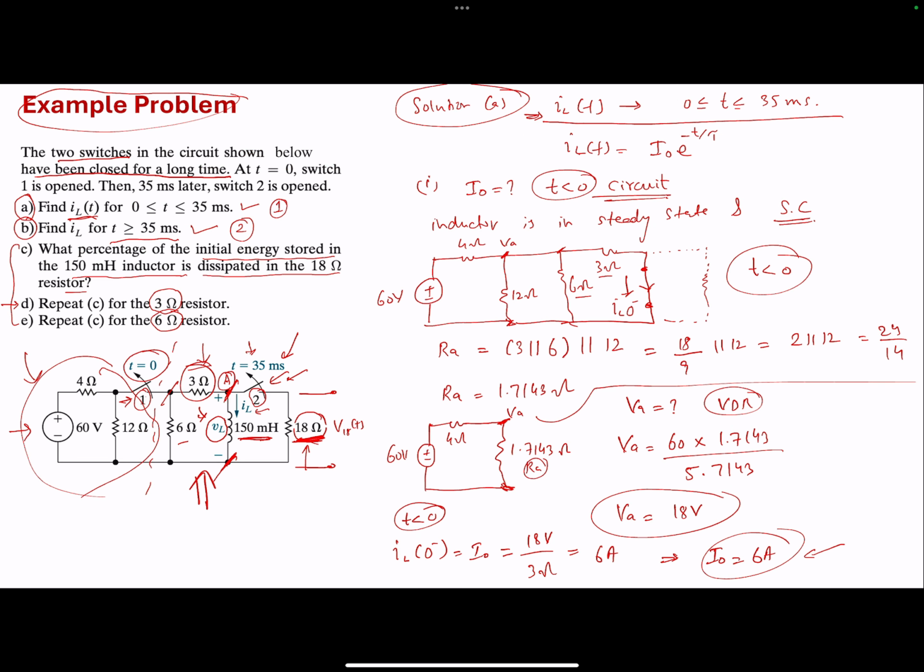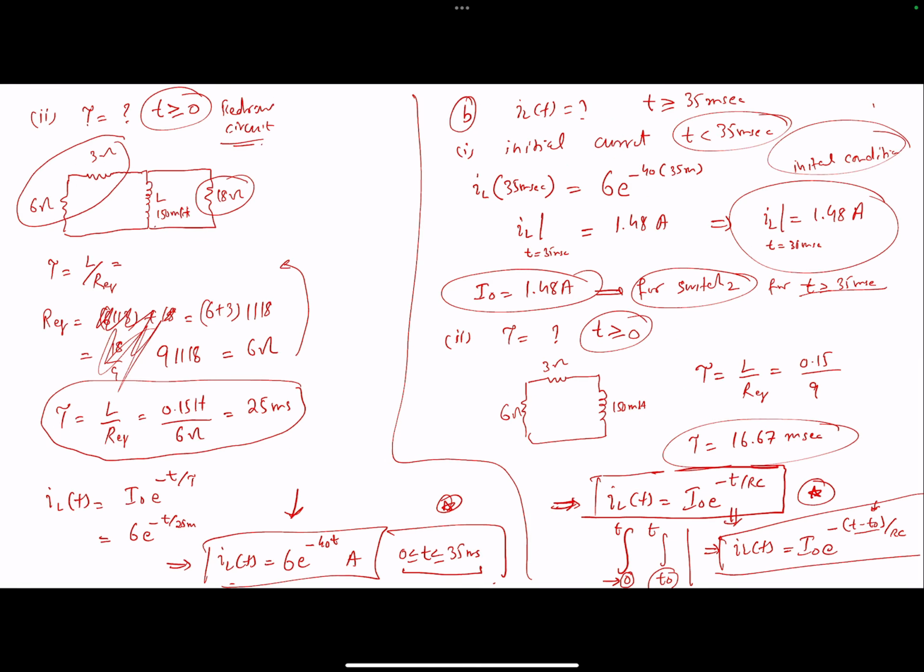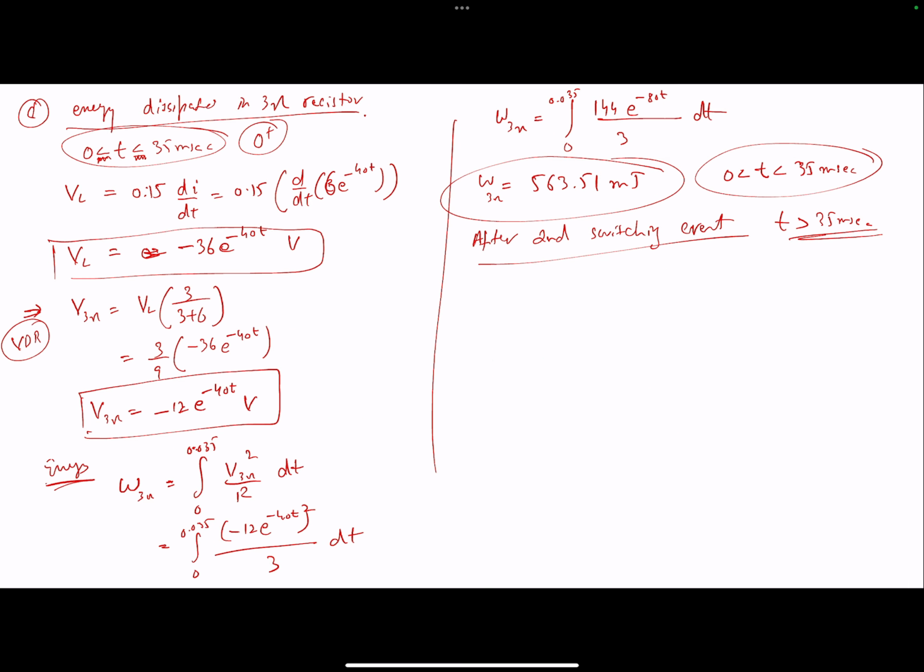When the second switch is opened, my circuit is only going to have a 6 ohms resistor, a 3 ohms resistor, and the 150 millihenry inductor.